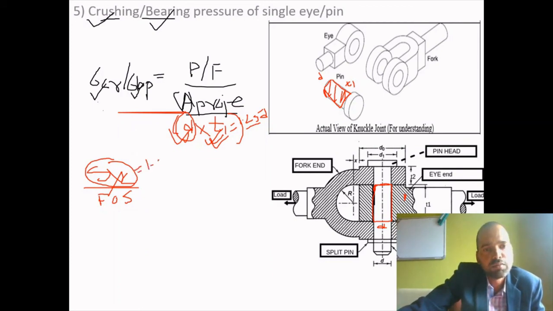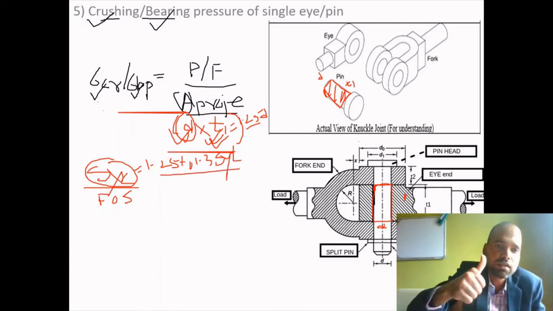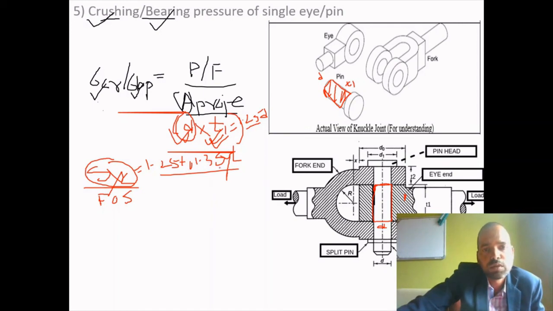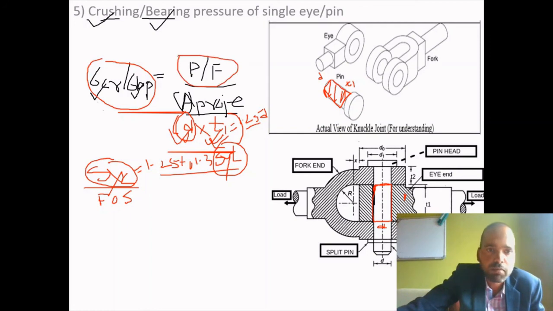SYC is always 1.25 to 1.3 times SYT. Where does it come from? It comes from a rule-of-thumb or empirical relation, where SYT is the yield strength in tension. If we put this value, 1.25 times SYT upon factor of safety, we will get either crushing or bearing pressure, and the applied force will be given in the problem. Now D is also known, T1 is also known.